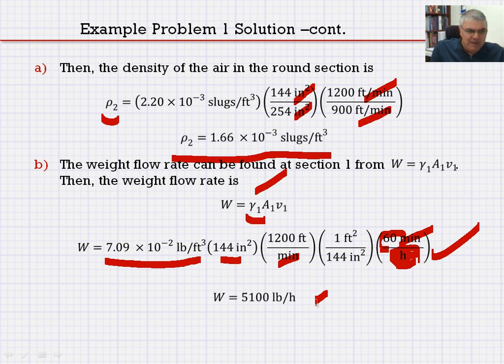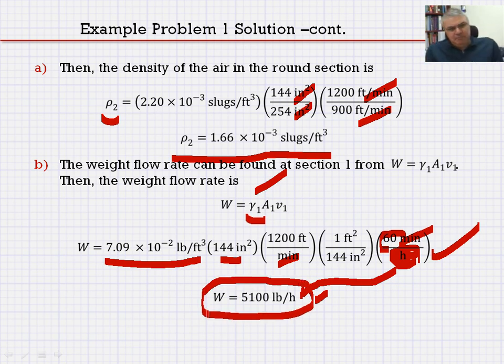We are going to have that h down here, and this is the best I can do with an arrow. So h would show up here, and then we need to make sure that all these unit conversions are met. I'm sure you can do that by now. At this stage of the course, it should be pretty easy for you to do. So W will turn out to be 5,100 pounds per hour.